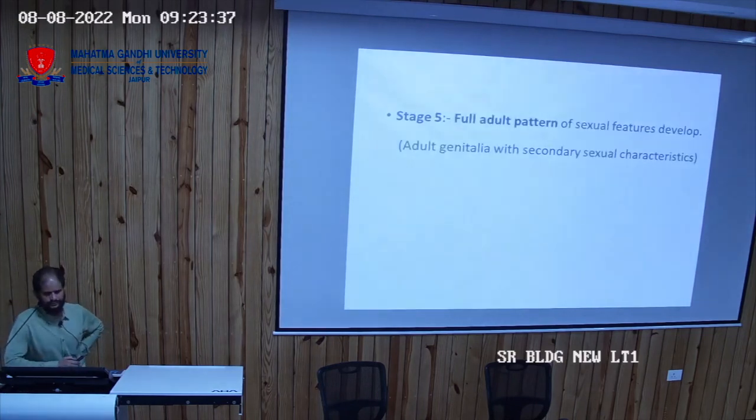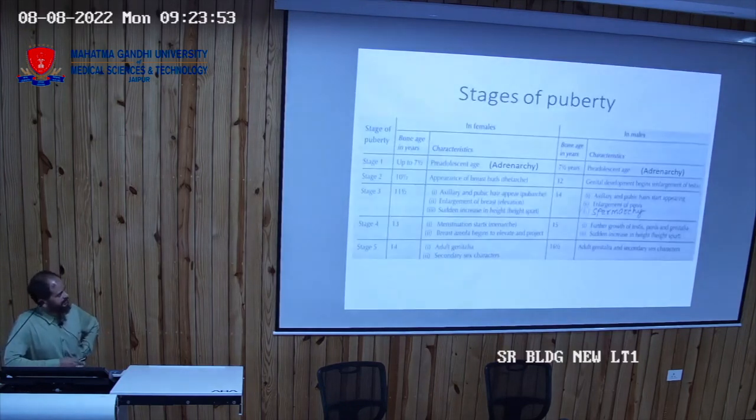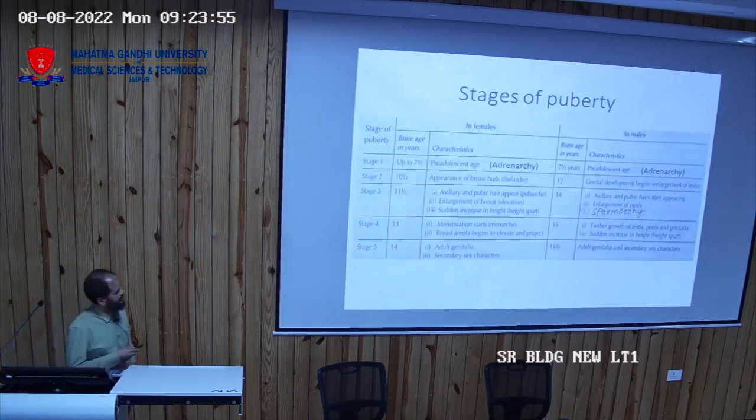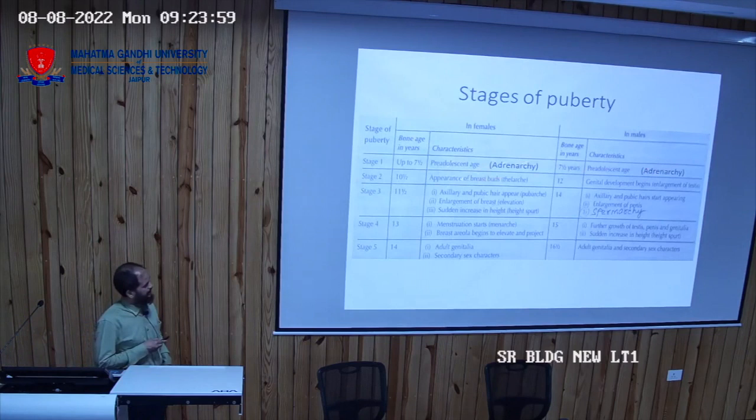In stage 5, that is the full adult pattern. All the secondary sexual characters will develop, that is the adult genitalia will be attained. So both these stagings may be important from your exam point of view. The same thing has been shown here in the chart: pre-adolescent stage with adrenarche in this also. Then stage 2, thelarche in girls, and here genital development, testis development.